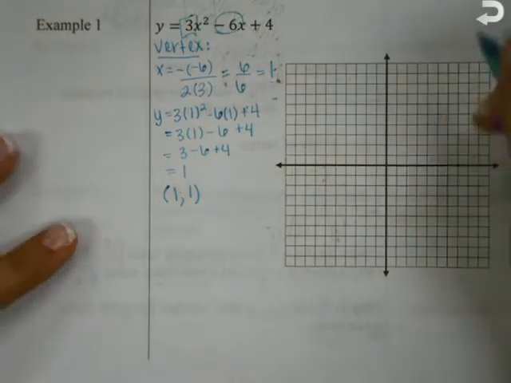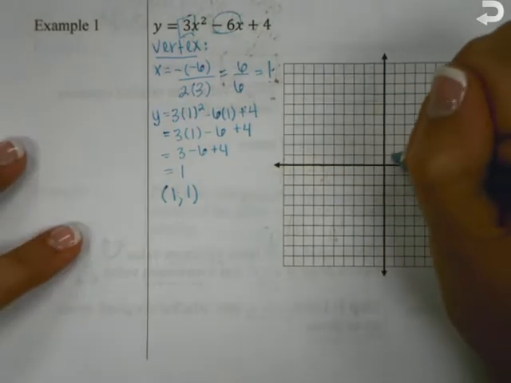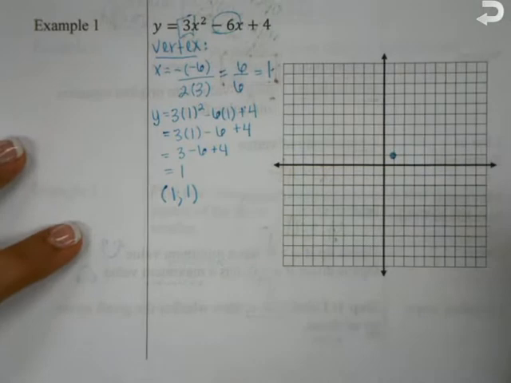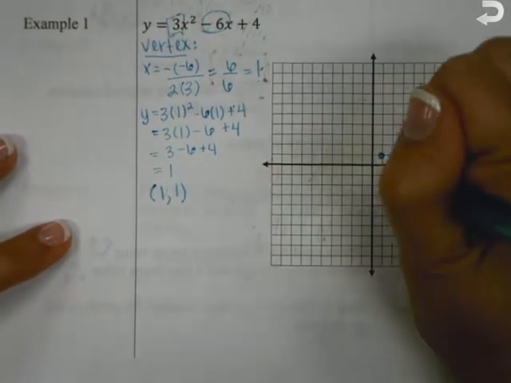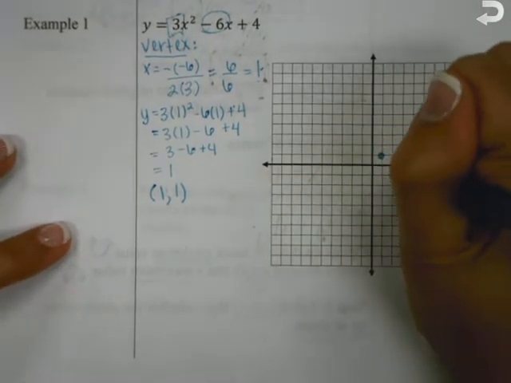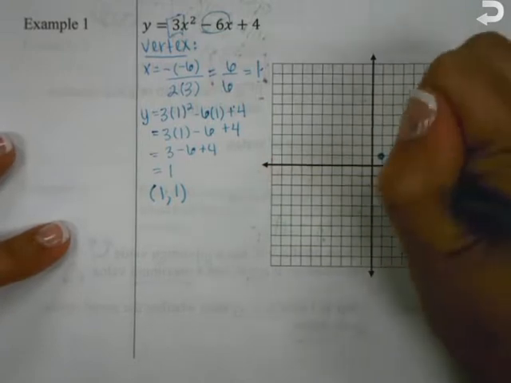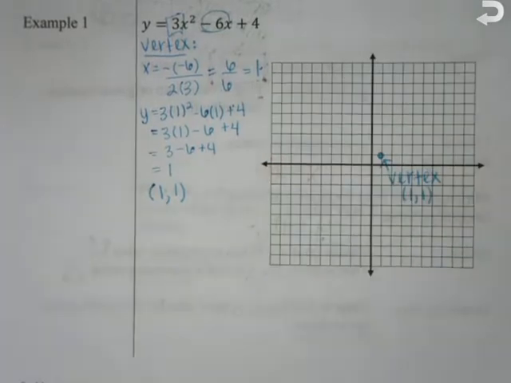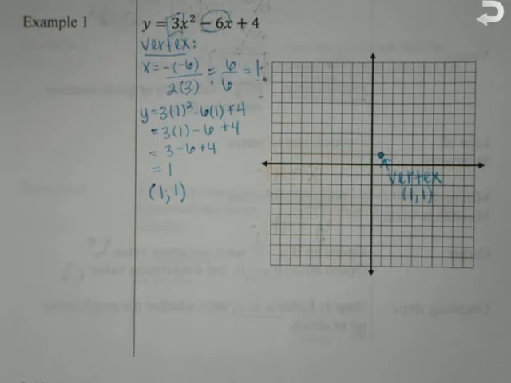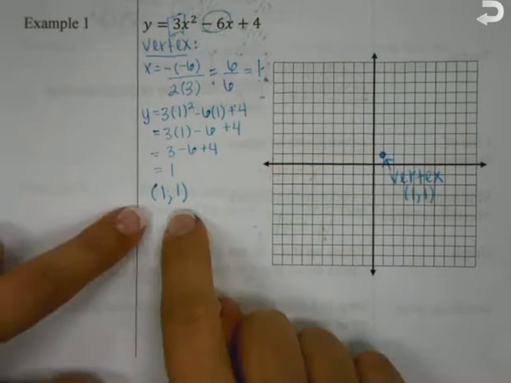Vertex 1, 1. You have to label it in the notes. On the homework, you do not have to label it unless it asks you to. In this particular case, identifying it, so right here we said vertex and we finalized that it was 1, 1, is okay. For the notes, I'm labeling it just so that you have all the parts labeled.